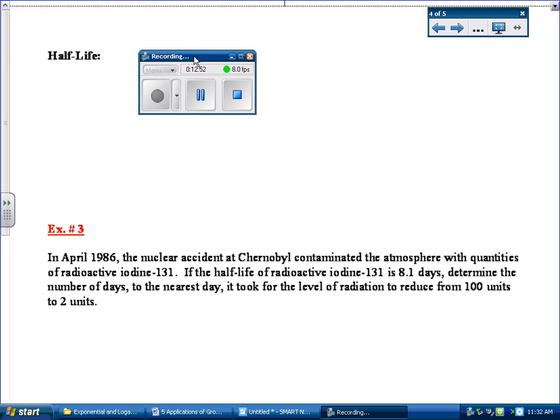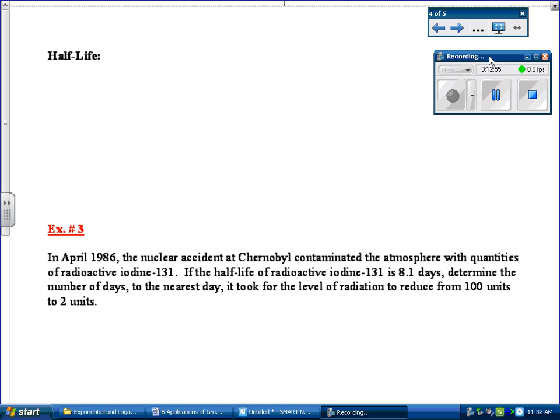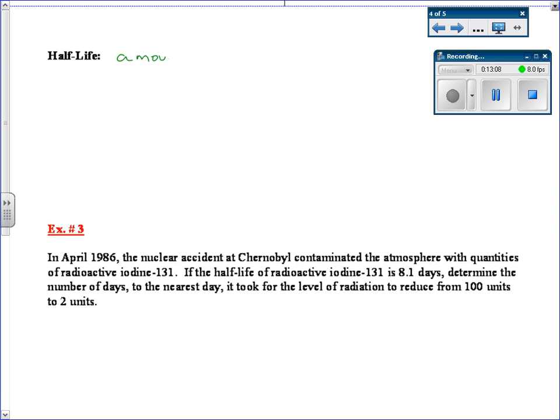Okay, two rather specific types of exponential growth or exponential decay, which actually kind of come from science. Half-life comes from physics. So half-life is the amount of time until half of a radioactive substance is left.